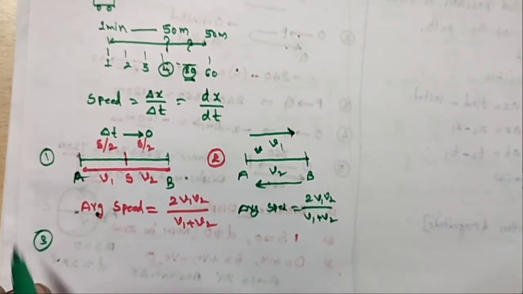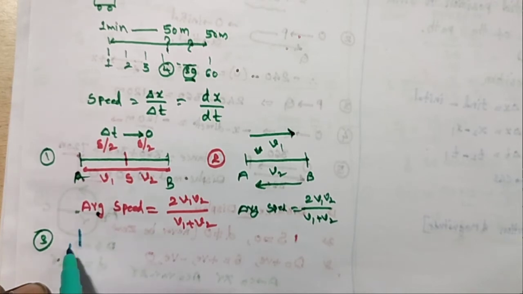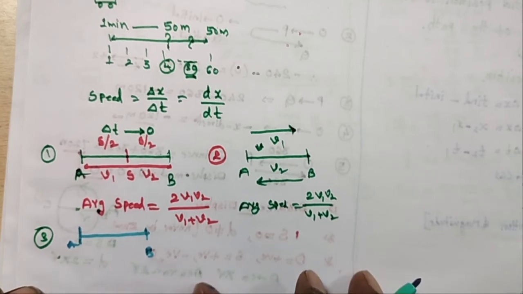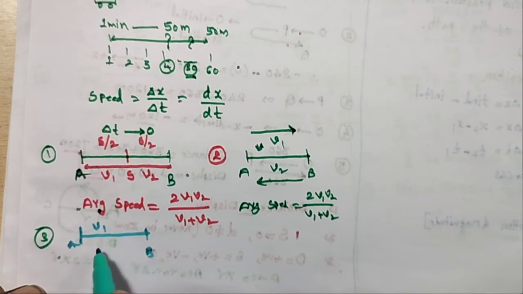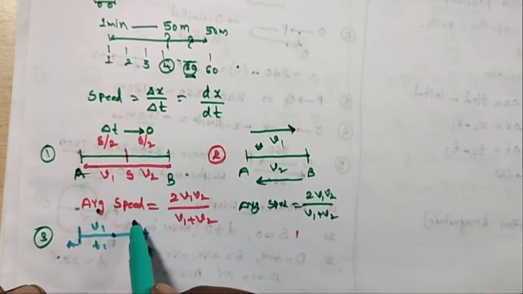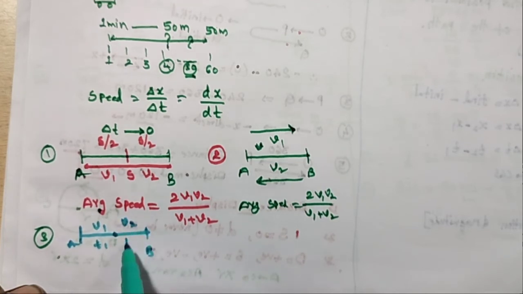And the third one, I am taking the third point. If the body travels from A to B with speed V1 for a time T1, and the remaining with speed V2 for a time T2. Means for 5 minutes it is moving with some speed V1 and the remaining time another speed, not exactly equal.